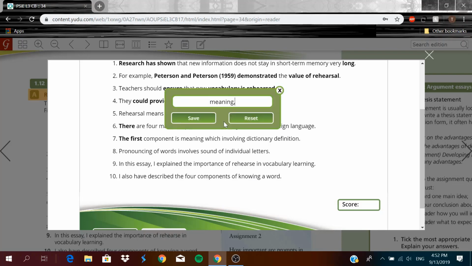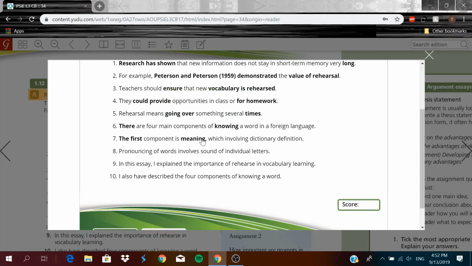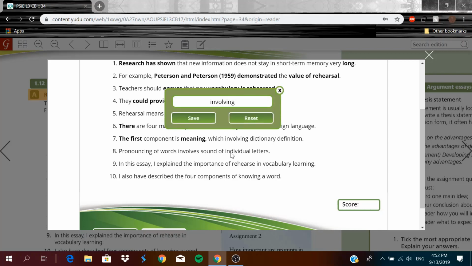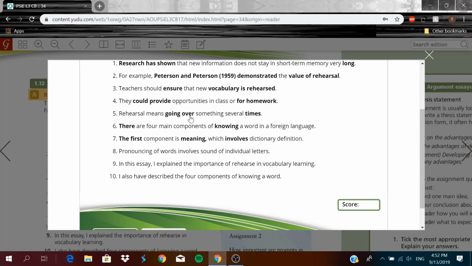So I got confused for a second. The first component is meaning, which involves, not involving, involves dictionary definition. Okay? Involves dictionary definition.